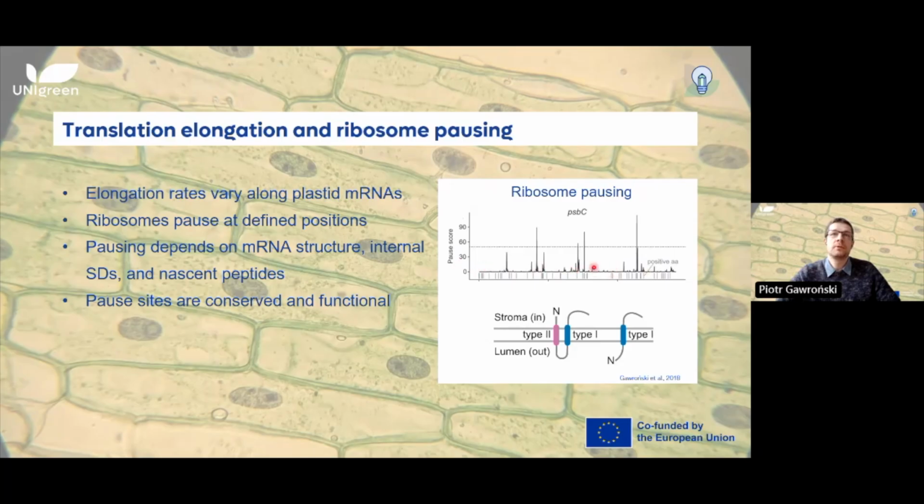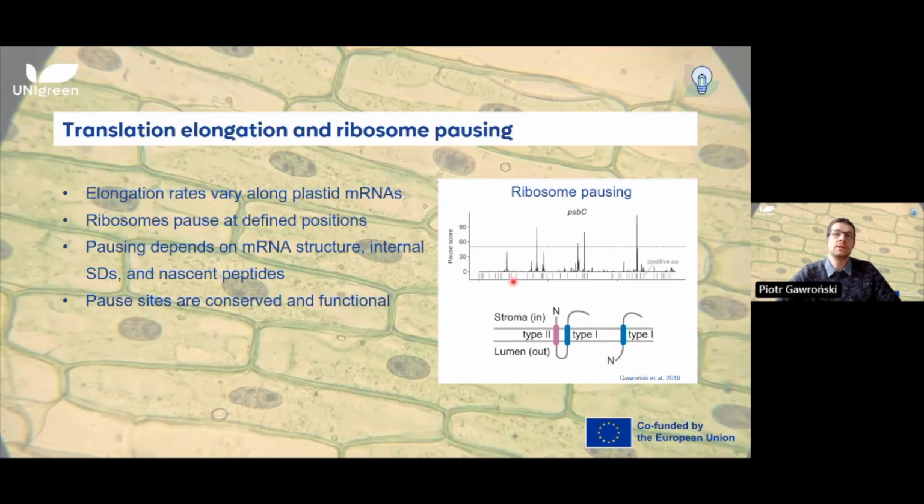Here, for example, you can see PSBC, another plastid gene, with the ribosomes positioned on this mRNA. As you can see in this plot, ribosomes pause at defined positions, which appear as peaks during elongation.